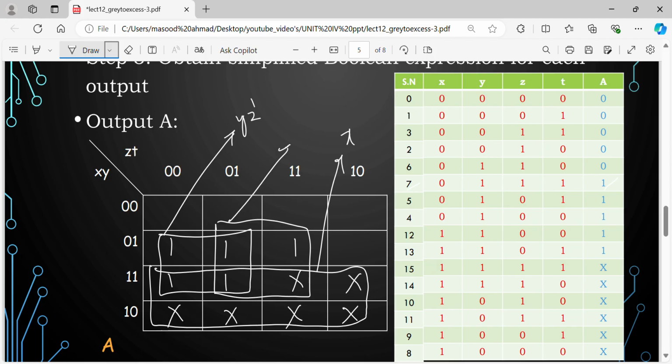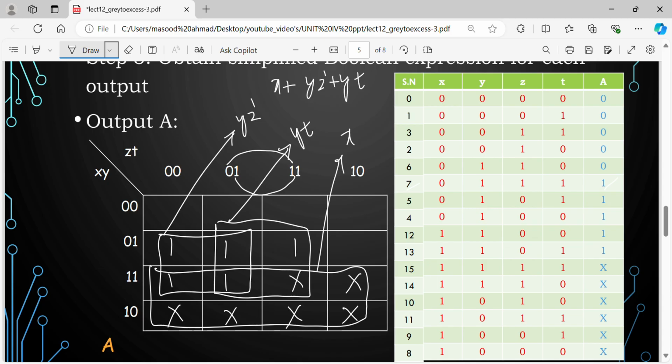And this 4 combination turns out to be y t, because here z is changing, so we lose z, and t is constant, so it is y t. So the expression for A is x plus y z bar plus y t.